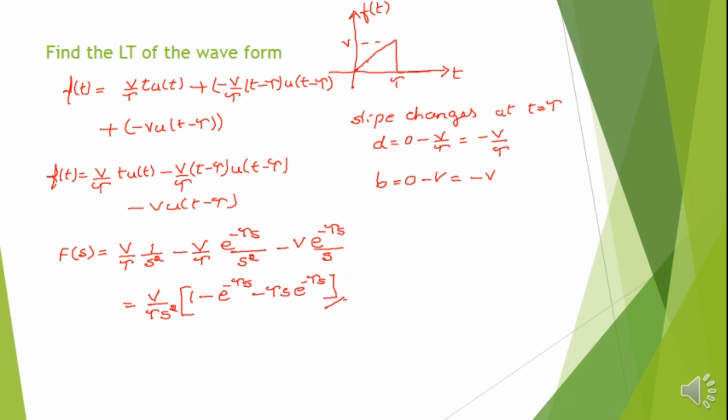So this is the Laplace transform of the given waveform. I simply followed the steps which I have defined. Based on those steps I have written the f of t expression, then applied the Laplace transform to this.